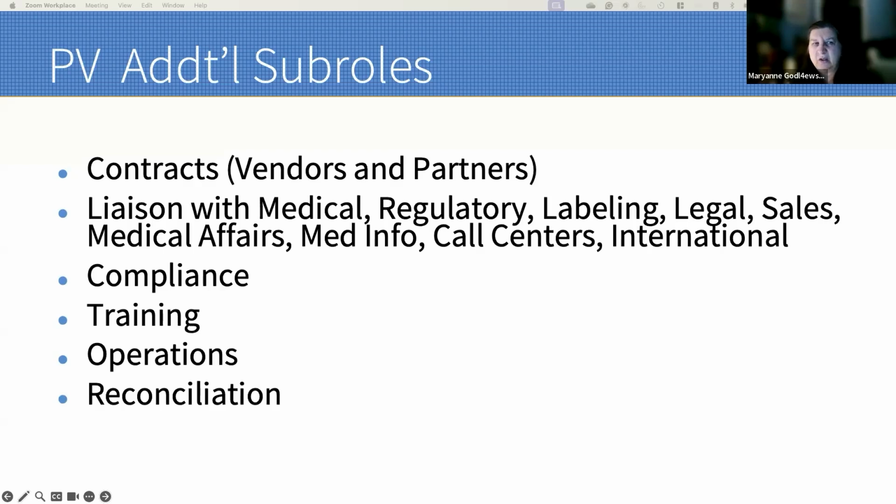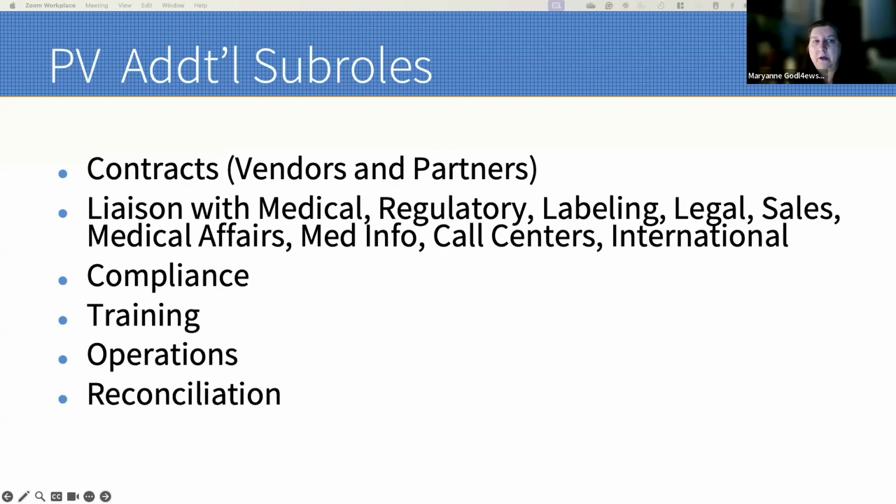Sometimes we get clusters of cases and they weren't submitted properly. So we have a compliance group that makes sure that our vendors and our external partners follow the rules that we have set up. We have a big training department so that we train everyone in the company.